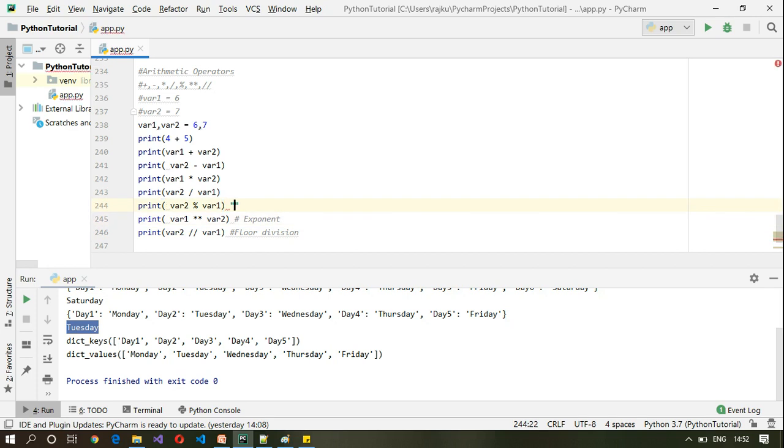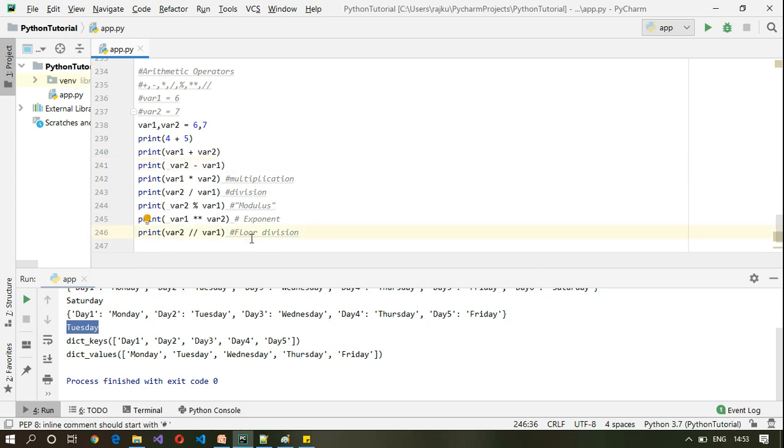And this is the modulus operator. This is division, and this is multiplication, and this we all know is subtraction and addition.